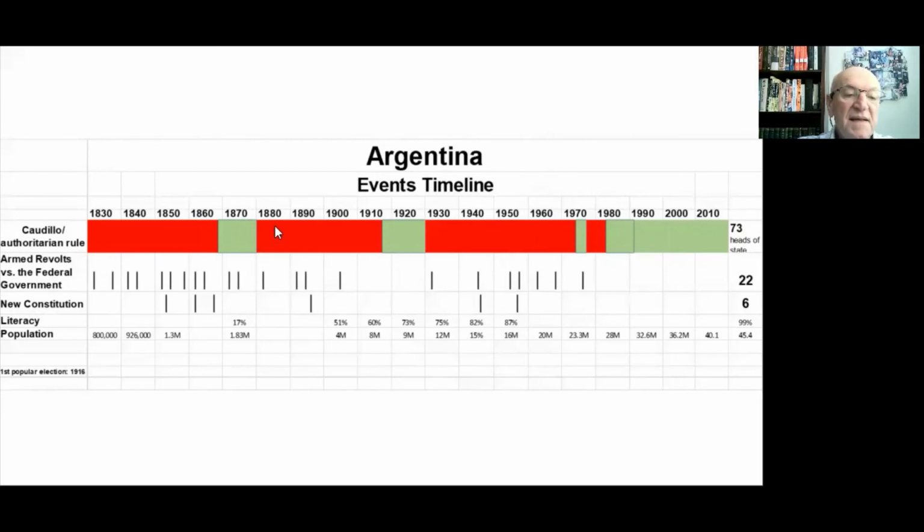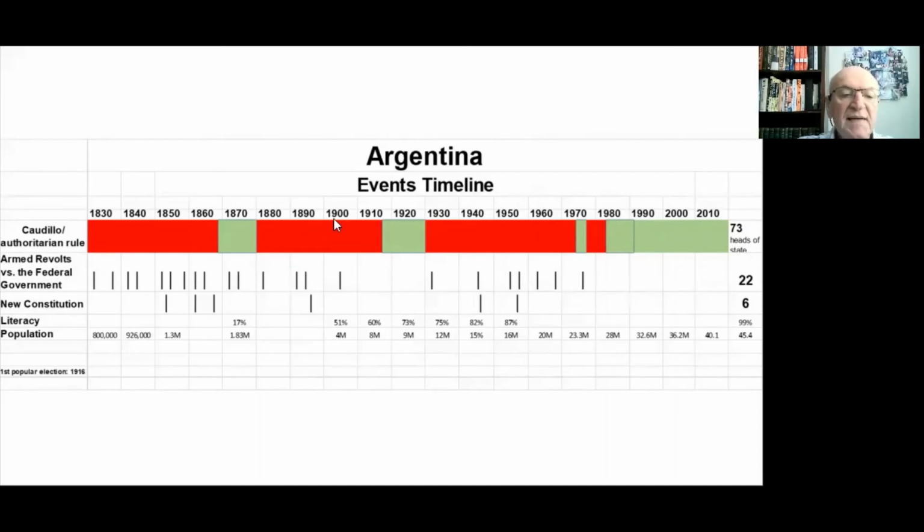In the late 1800s, Argentina had a vigorous immigration policy and program. And because of that, or in good measure because of that, their literacy has increased a lot more than other countries did. They also had a very vigorous literacy program as well.